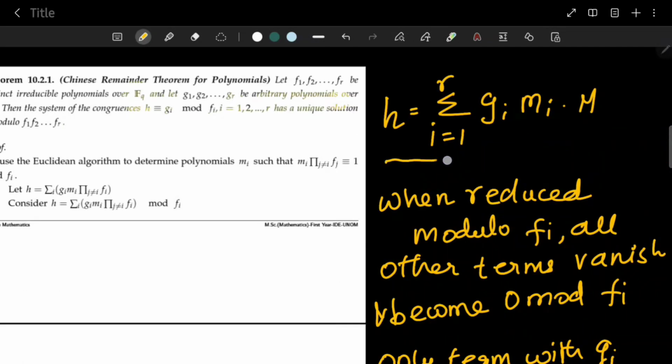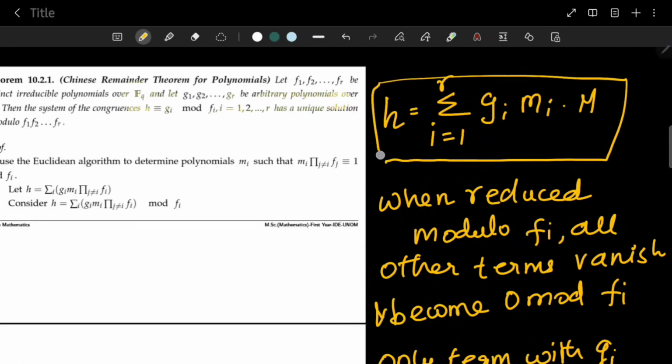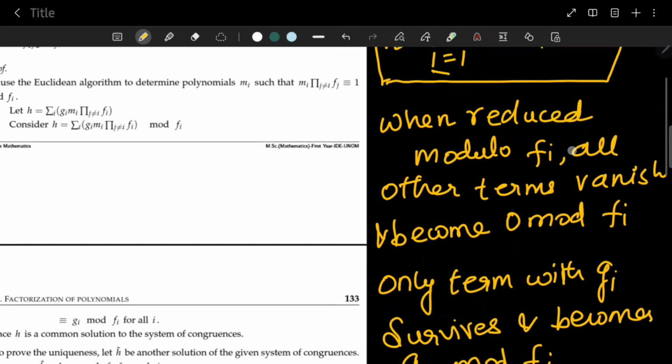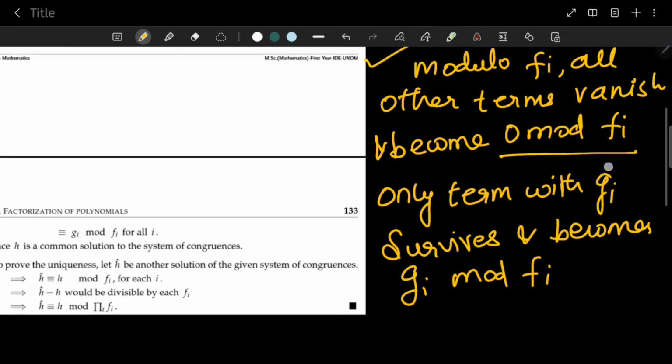Next, we define this polynomial h. h is equal to summation i equal to 1 to r of gi mi dot M. This clever combination ensures that when reduced modulo fi, all other terms vanish and become 0 mod fi.